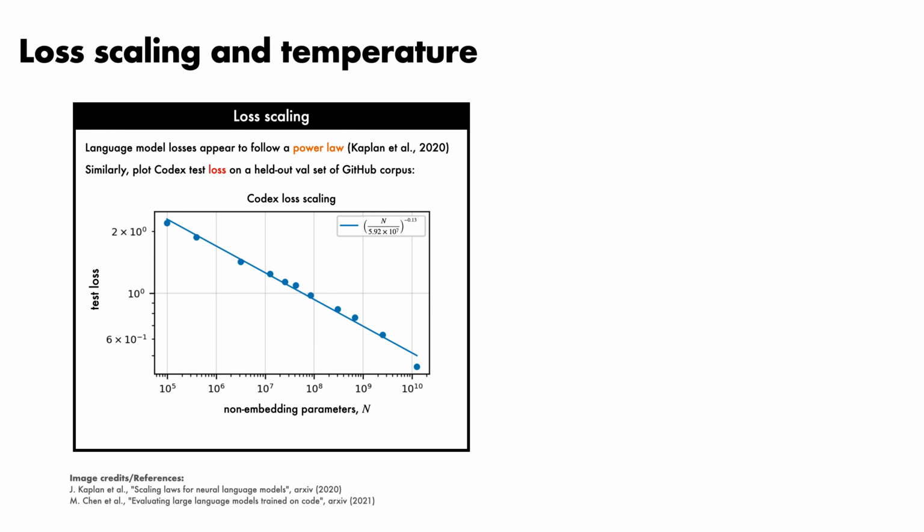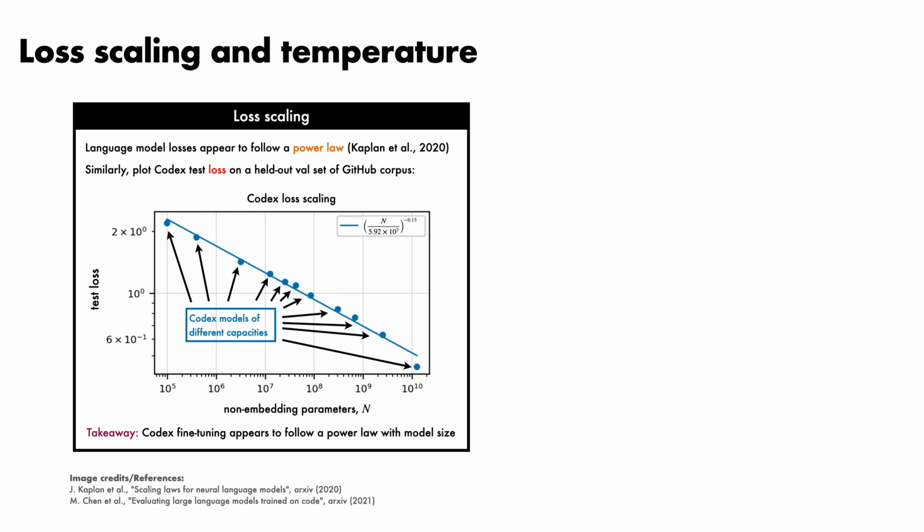The blue line depicts a power law of the form (N / 5.92 x 10^7) raised to the power of -0.13. The blue dots represent Codex models with different capacities. The central takeaway here is that, as with language modeling, Codex test loss after fine-tuning appears to follow a power law with model size.